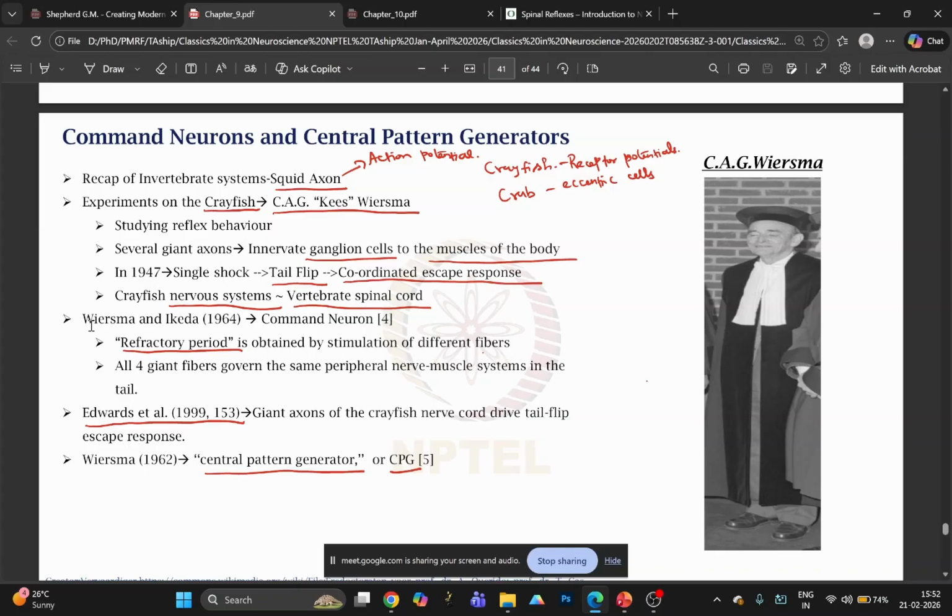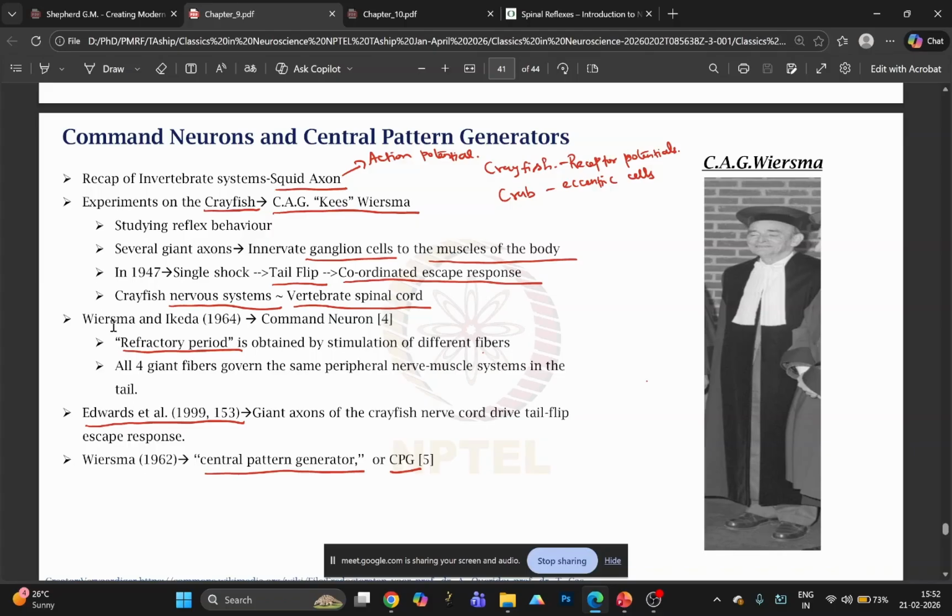So from that, Wiersma came up with this idea that there might be certain command neurons. So basically, there might be certain neurons which can command the whole system to carry out a single complex behavior. For example, here, just the shock to a single axon is giving rise to such a complicated, complex response, a large scale behavioral response.